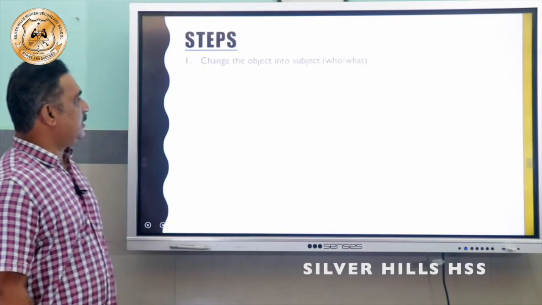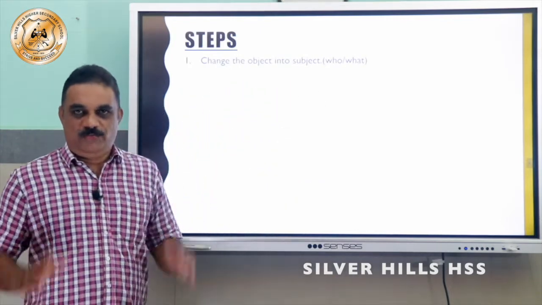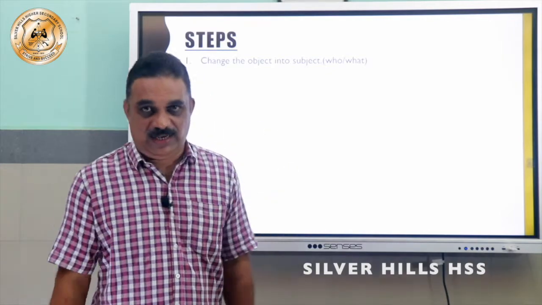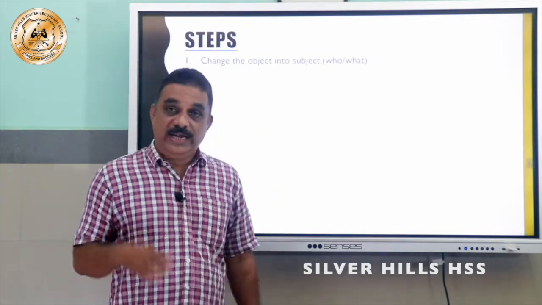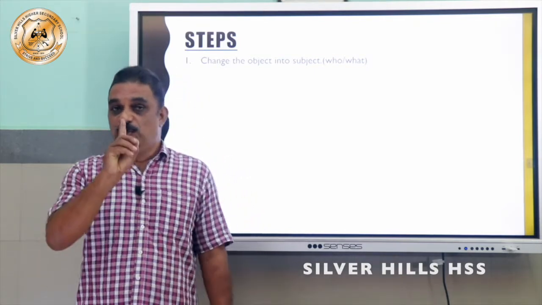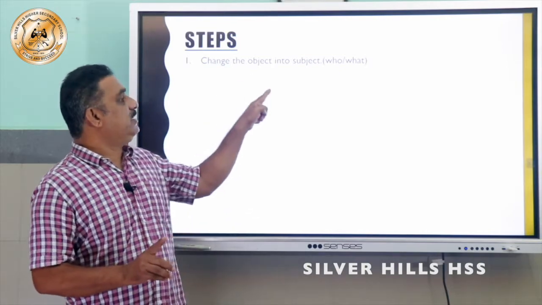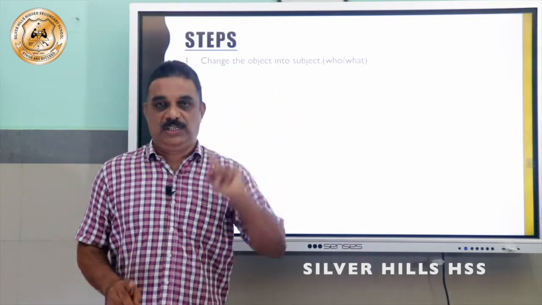Now, see, first step: change the object into subject position. If you get an active sentence, and you are asked to convert this active sentence into a passive sentence, do one thing. First you have to change the object into subject position.